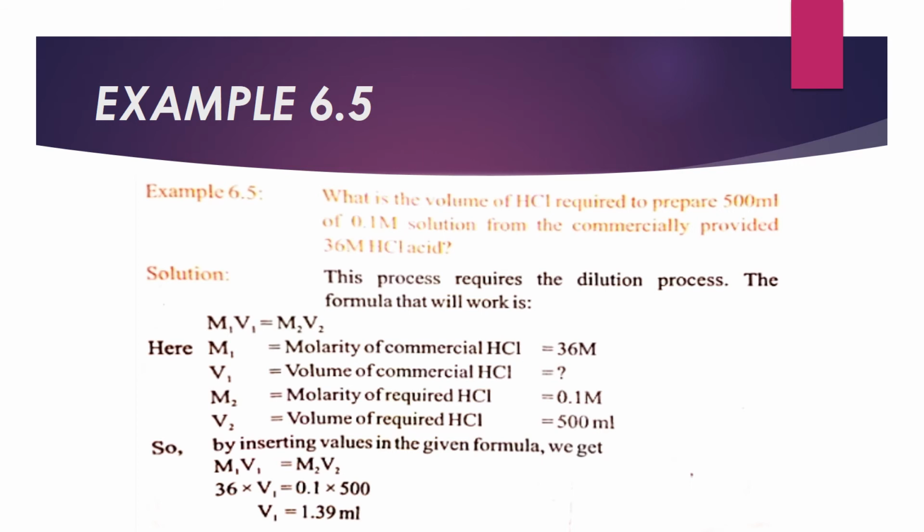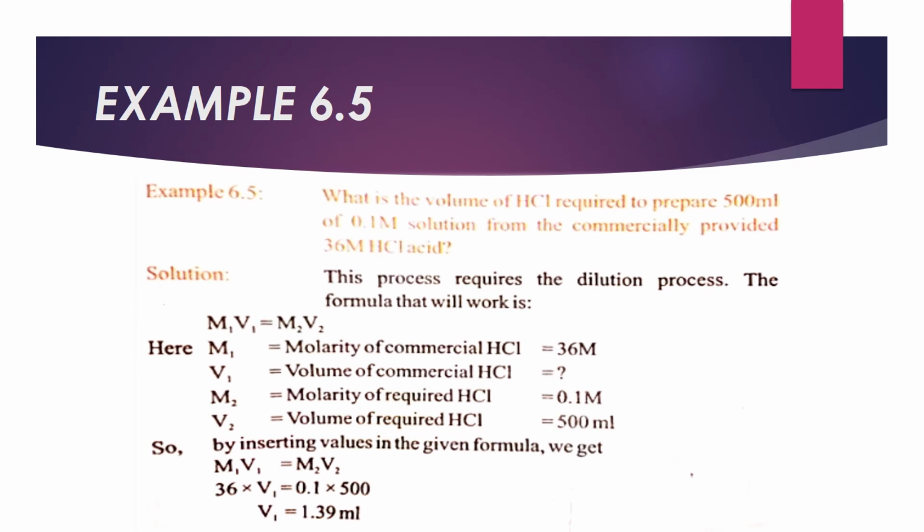So it is equal to M2, the molarity of required HCl, which is given in the question as 0.1 mole. Here we put it. And V2 is the volume of required HCl. They asked in the question to prepare 500 milliliters of solution, so we put it here.